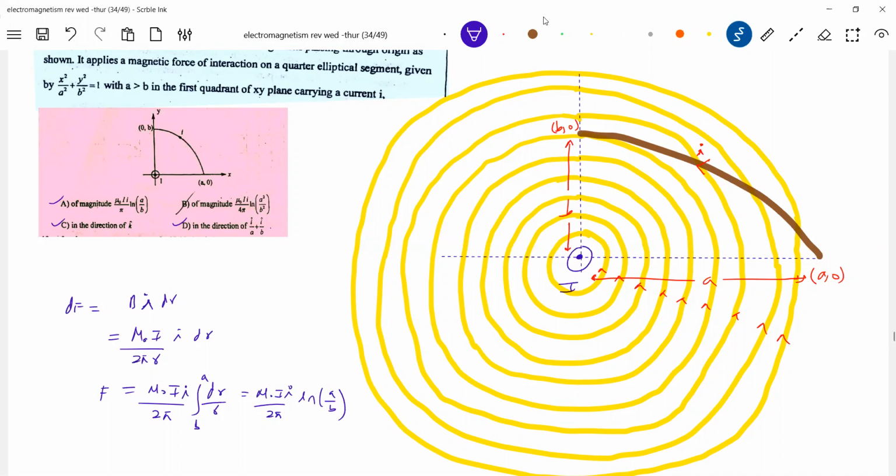Shall I go for the next, or if you want to do any correction, you can suggest to me. Direction, I'll go for minus K cap. Okay, this is very important, sir. What is the basis you are thinking like this here?